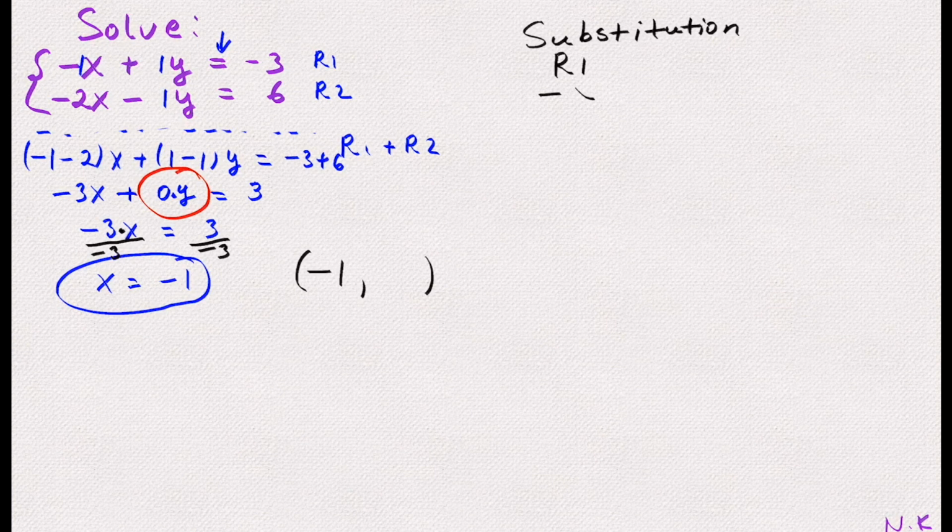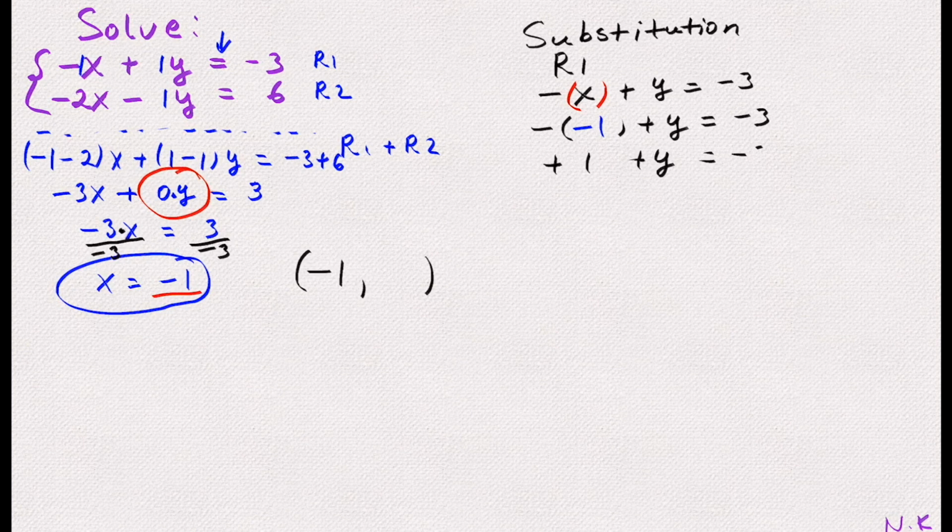We had negative x plus y equals negative 3, and instead of x we're going to use negative 1. So now we have negative times negative, positive 1 plus y equals negative 3.